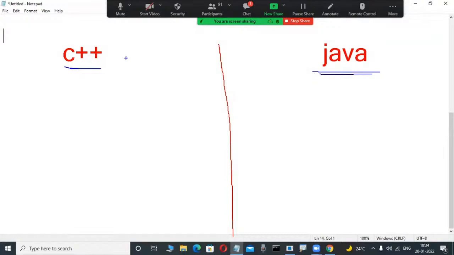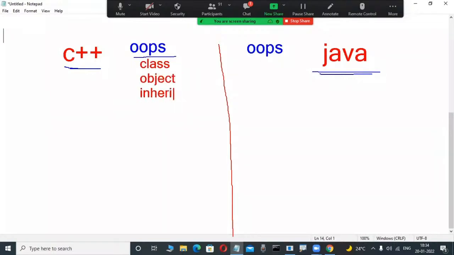In object-oriented languages, there are OOPS concepts, object-oriented features. Here also OOPS concepts are there, and here also. Some of you may know them: class is a concept, object is a concept, inheritance is a concept, polymorphism is a concept.